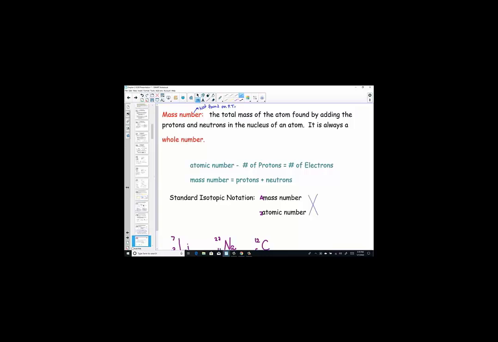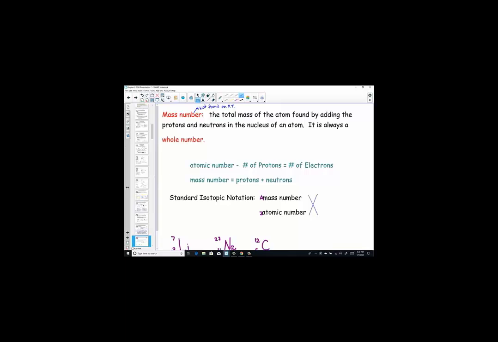The mass number is defined as the total mass of an atom found by adding protons and neutrons in the nucleus. It's always a whole number. There's no such thing as a fraction of a proton or a decimal point of a neutron. Protons and electrons and neutrons are whole pieces of particles. You can't divide them any further.